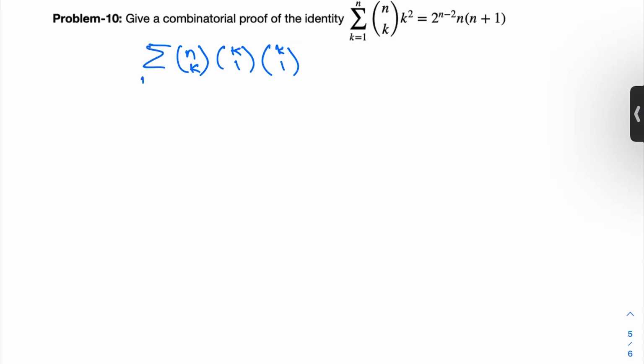Here k can be anything from 1 to n. So what we have here is summation k equal to 1 to n of n choose k times k square. This many ways we can select a group and fill two positions out of the selected group.